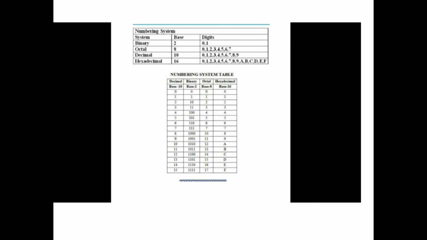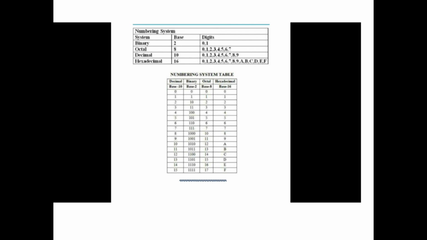The digits are 0, 1, 2, 3, 4, 5, 6, 7, 8, 9, and then capital A, B, C, D, E, F. In this number system, capital A denotes 10, B denotes 11, C denotes 12, D denotes 13, E denotes 14, and F denotes 15. In this way we can represent A, B, C, D, E, F.